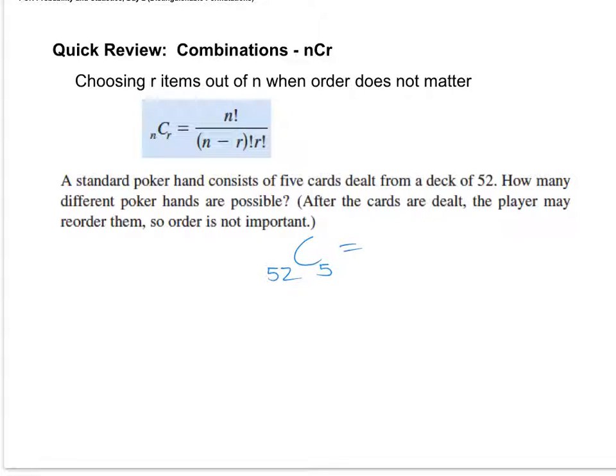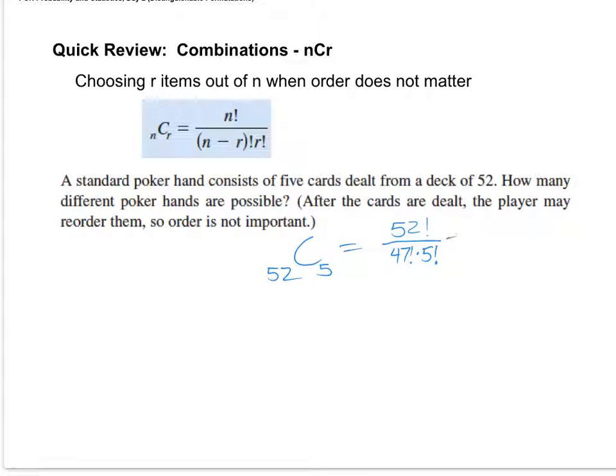How many different ways can we pick 5 cards out of the 52 if order does not matter? So you've got 52 factorial over 5 factorial times 47 factorial. Well, that's a big number.